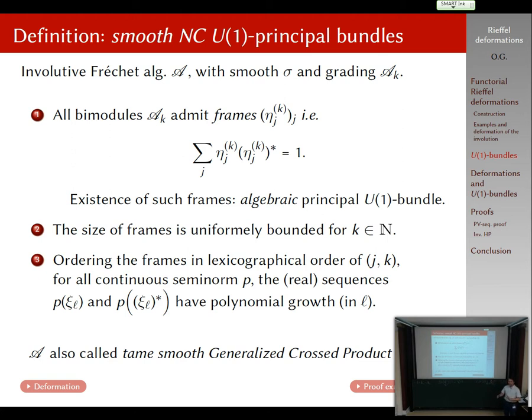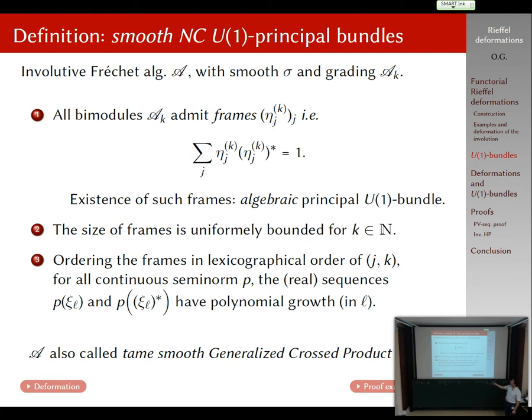So you see at that point it's essentially algebraic. But now what we are interested in is smooth non-commutative U1 principal bundles. So really something which is analytical in nature. And so we have further restrictions.